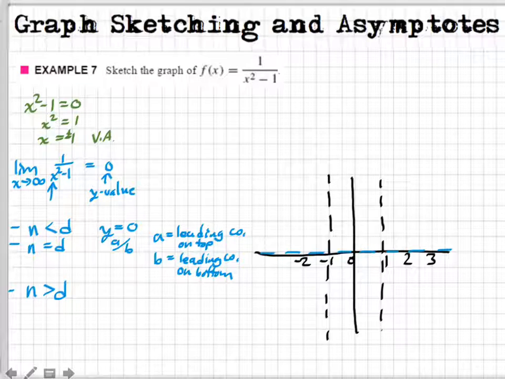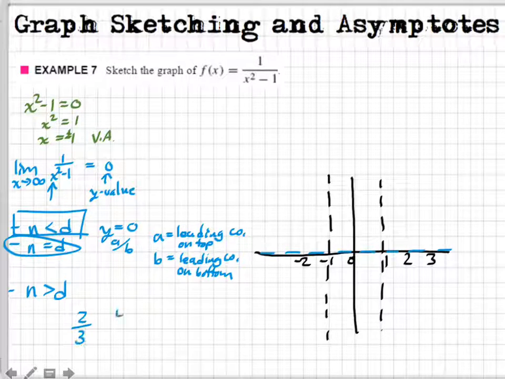Now, how do you remember these other two, though? Because those are important. I don't know, maybe you just remember it. If they're equal to each other, then you're going to divide the leading coefficients. And then what about if the numerator is less than the denominator? How do you not get confused with this one and this one down here? Well, I know that I like this one better. Why?